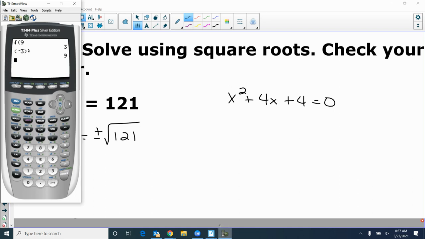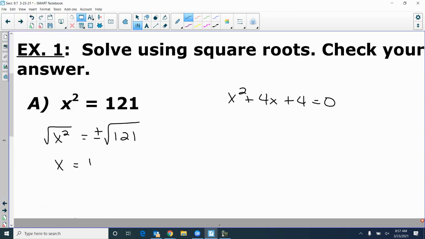Some of you know that off the top of your head. Some of you don't. It's going to be 11. Now, your answer has to be plus or minus 11. Because we're saying what number squared equals 121? Well, I know 11 times 11 is, but negative 11 times negative 11 is also 121. So those two answers both work.